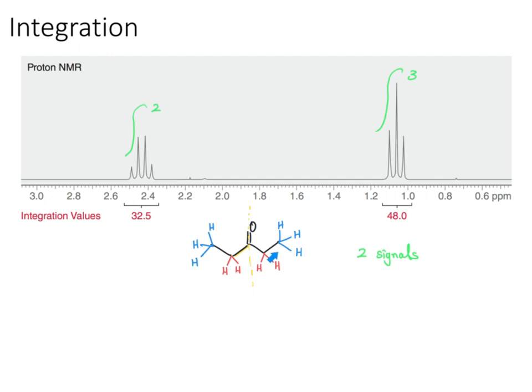However, if we are looking at this molecule, here there are 4 to 6. So the absolute count is 4 to 6, and the integral ratio is 2 to 3. That tells you that the integration ratio is a relative quantity rather than the absolute count of the number of protons which give rise to the signals showing on the proton NMR.